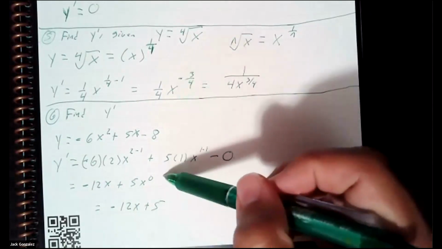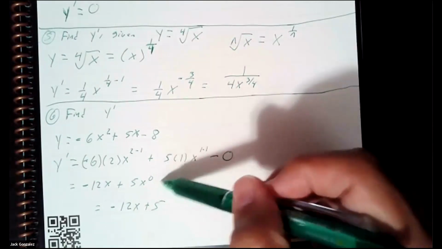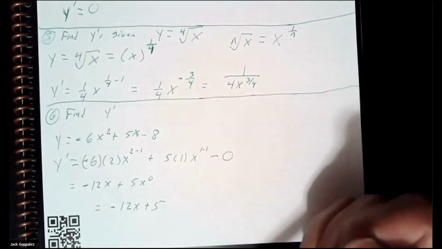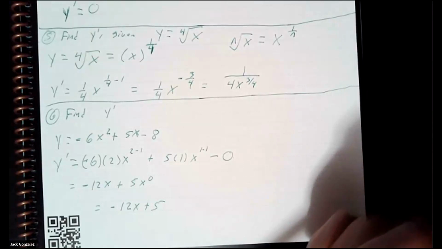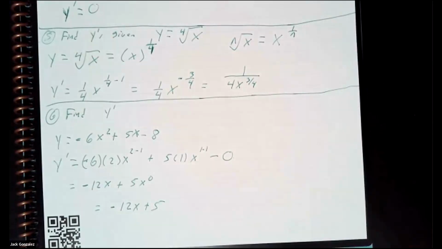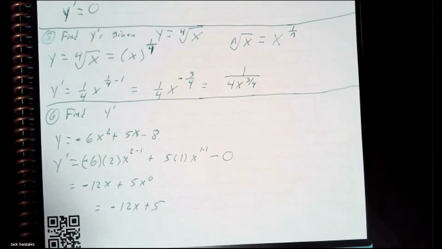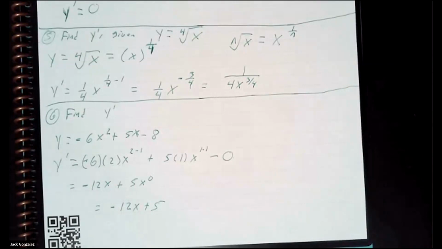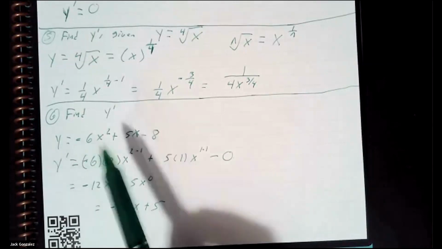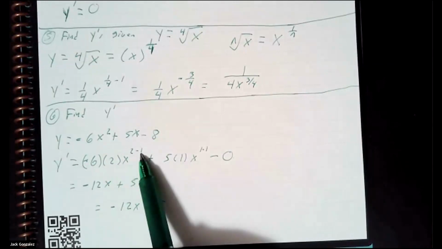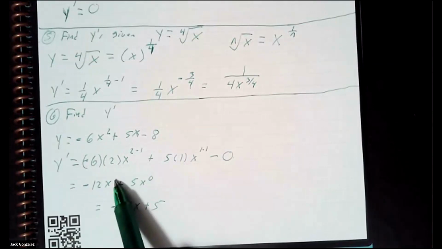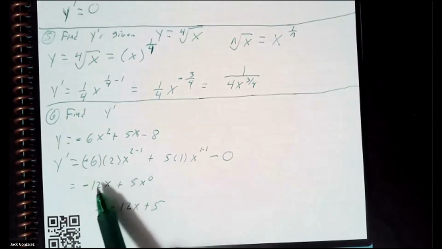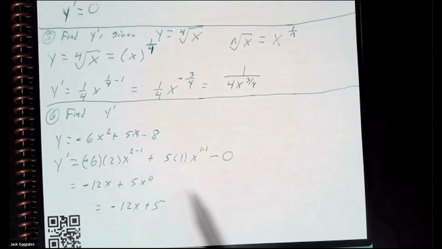You don't have to show this, but I want you to see why it is just 5. Is that negative 12x plus 5, or just 12x plus 5? Negative 12x, right? Because you brought down this 2. 2 minus 1, now it's a single power of 1. Negative 6 times 2. And we're done.